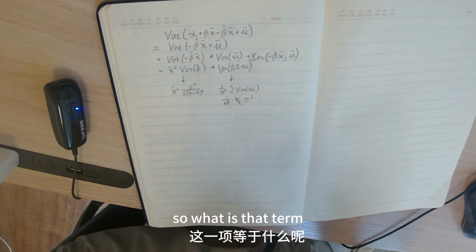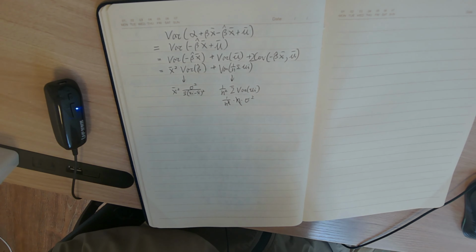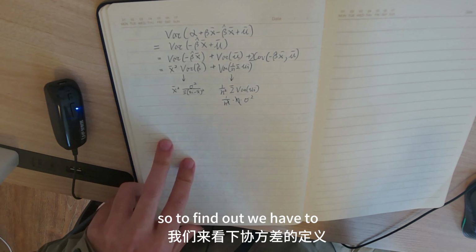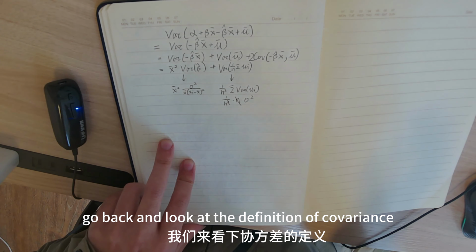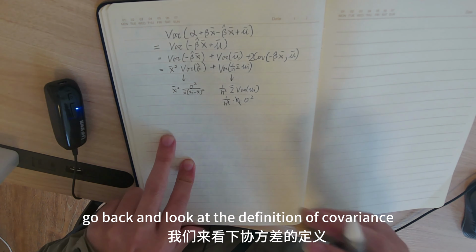For our third term, 2 times the covariance of minus beta hat times x bar and mu bar, what is that term? To find out, we have to go back and look at the definition of covariance.